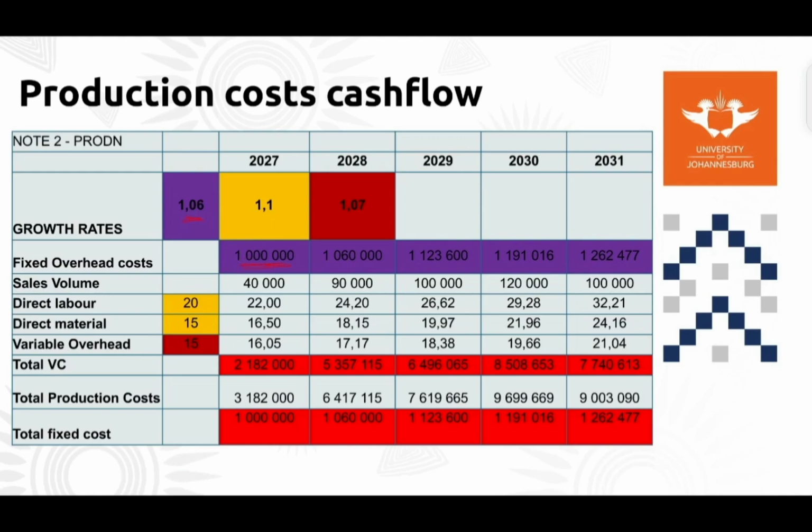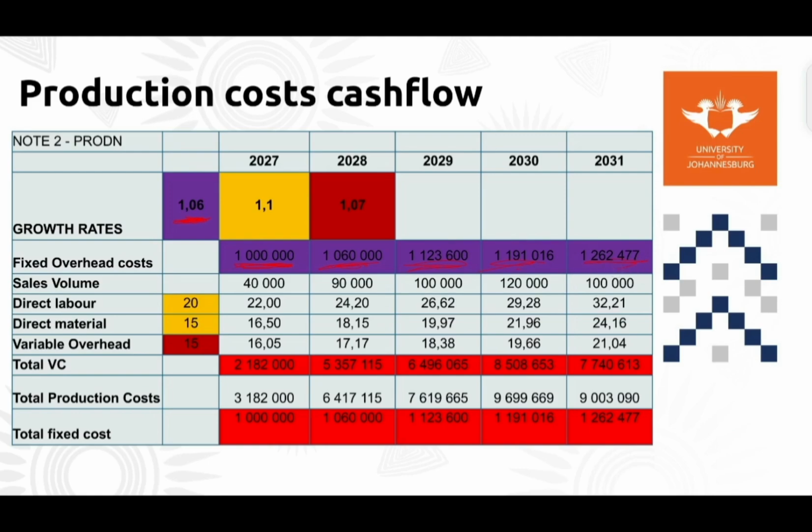In 2027 we have a 1 million fixed cost, and we were told that in 2028 it's going to grow. So we use the 2027 value and grow it by 1.06, and you get this value. Then you use this value to find 2029 by multiplying it by 1.06 again, and so forth up until 2031.